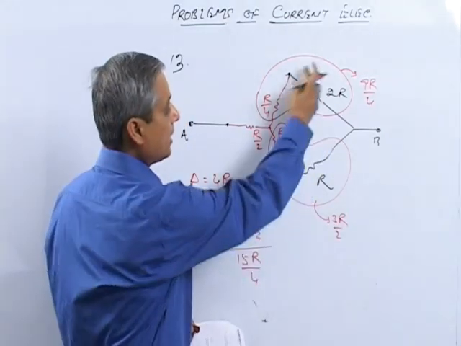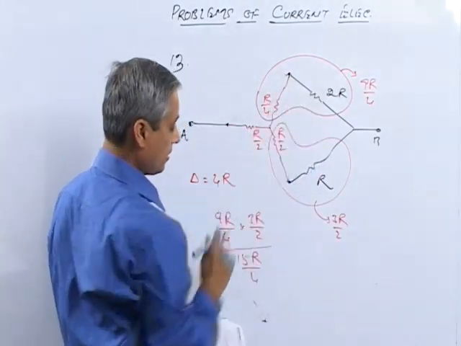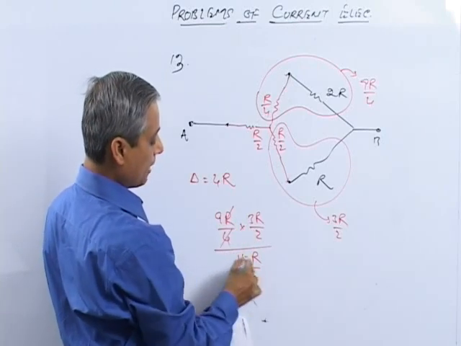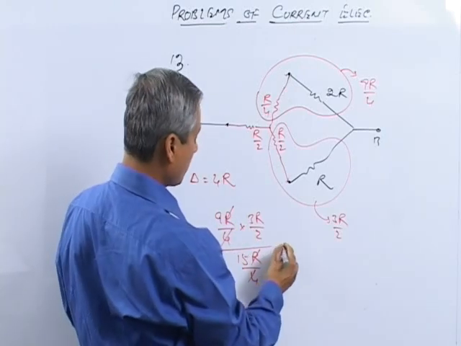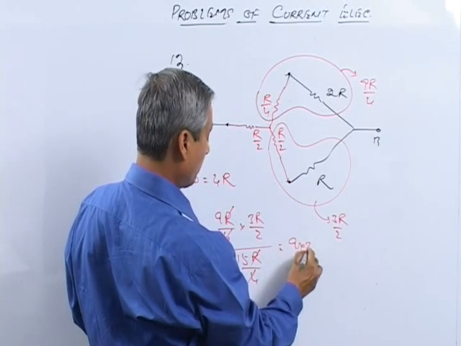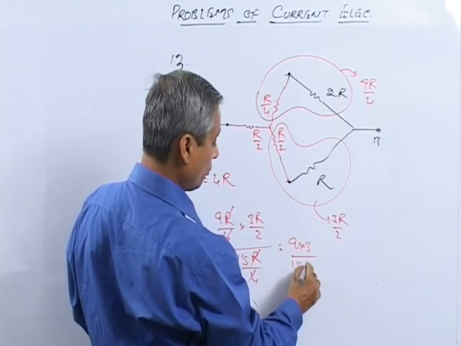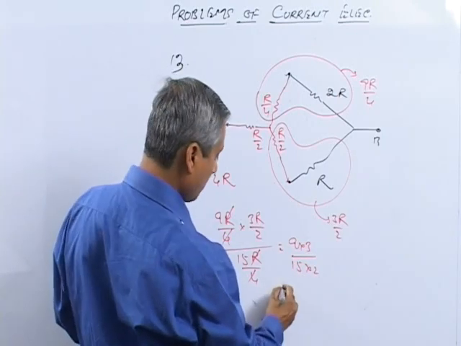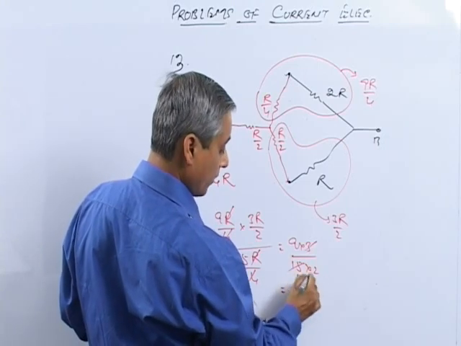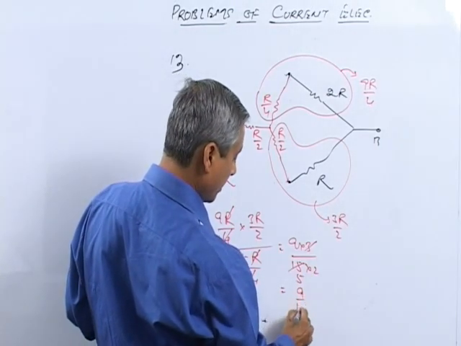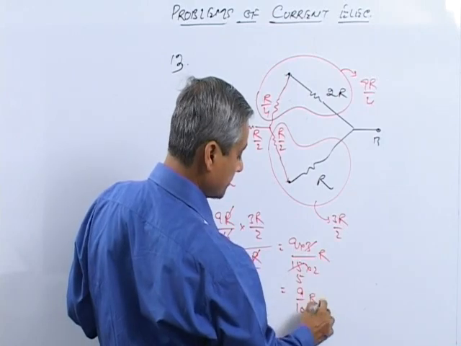R by 4 is cancelled, so that becomes 9 into 3 divided by 15 into 2, and that finally becomes 9 by 10 R.